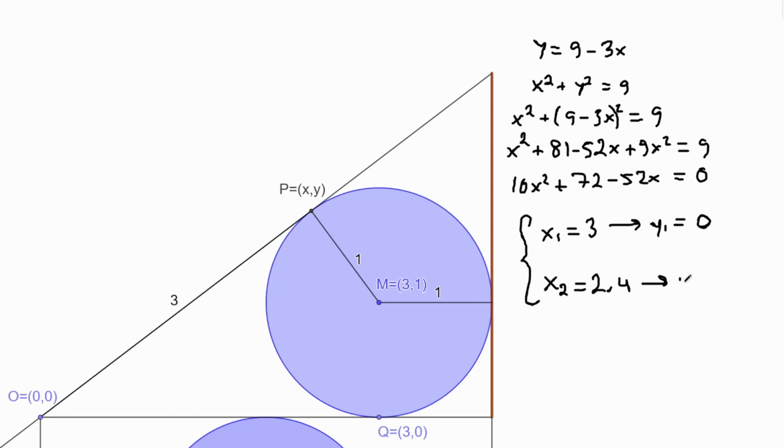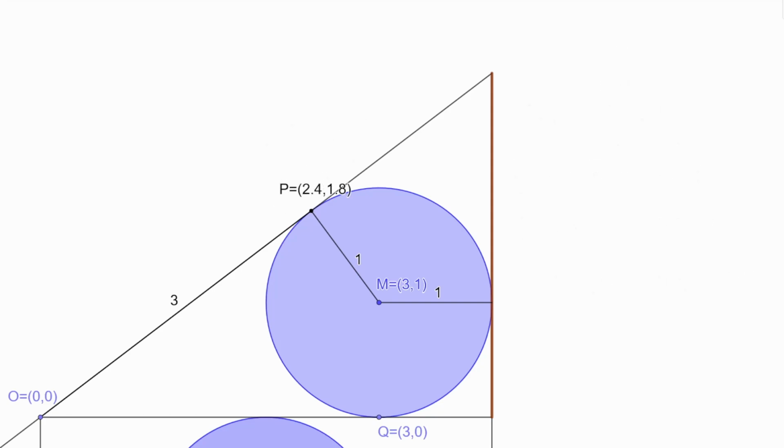And this leads to y2 being equal to 9 minus 3 times 2.4, and that is equal to 1.8. So that means that this point here is actually equal to the point (2.4, 1.8). And those are the x and y coordinates.